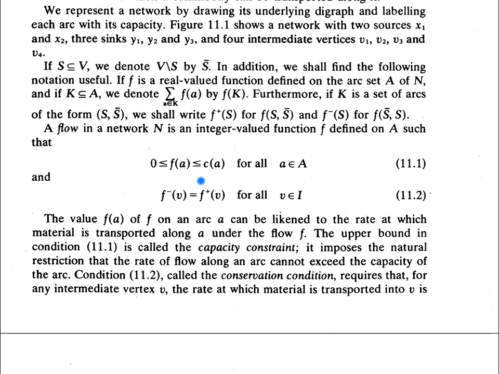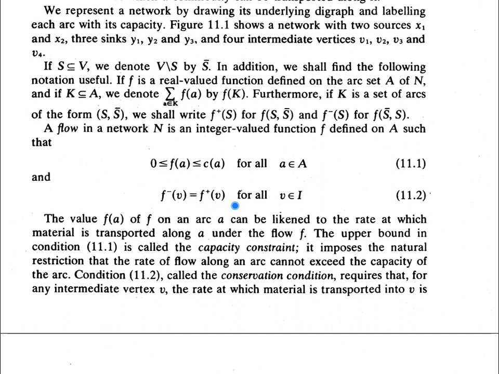Okay, and consider that for each vertex you have what you call f minus of that vertex, which is the sum of the values of f on the incoming arcs, and f plus, the sum of f on the outgoing arcs at v.